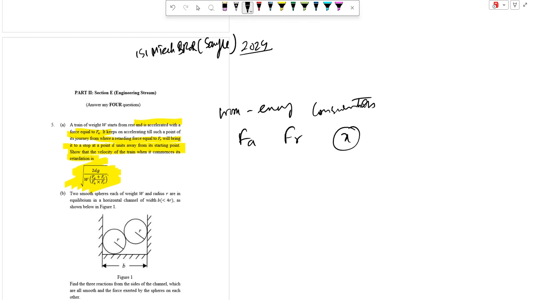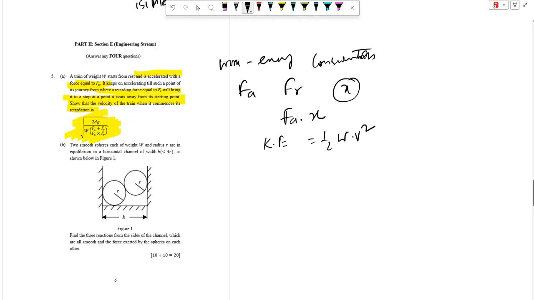So the total work done by Fa in the acceleration is Fa into x. The kinetic energy gained by the train is half into W into V square, where V is obviously the velocity at the end of the acceleration. So by the work energy principle, Fa into x equals half into W into V square.